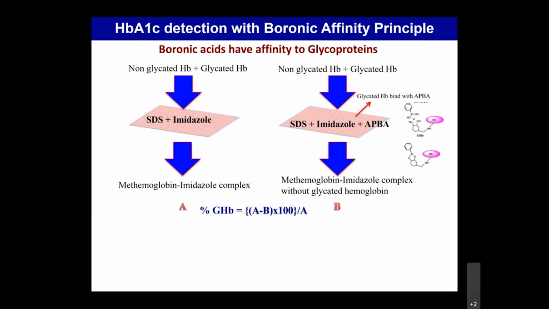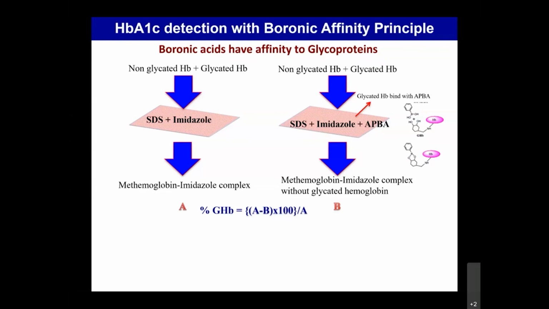So what is glycated albumin or glycated hemoglobin? It's the hemoglobin fraction which is complexed with sugar. That is why it is called glycated or glycosylated hemoglobin. If you can trap this with boronic acids, because they have affinity to these sugar-coated proteins, right?